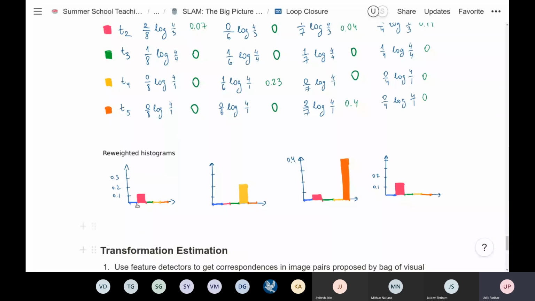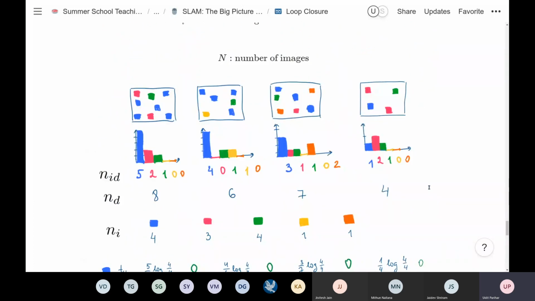And from this histogram we can see the first image and the second image are almost the same. So we can say that they belong to the same region. But as you can also see in the bag of visual words, all the visual words which are present in this image are also present in this image. Like it contains red visual word, blue visual word, green visual word.